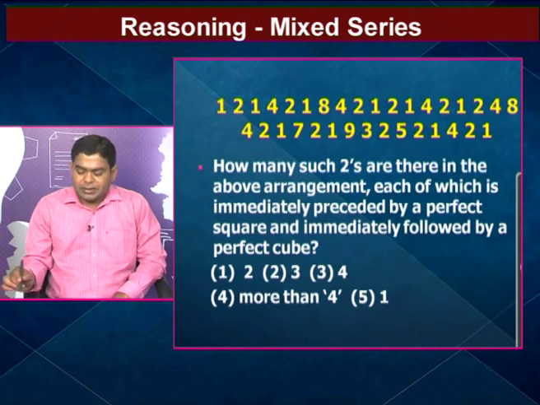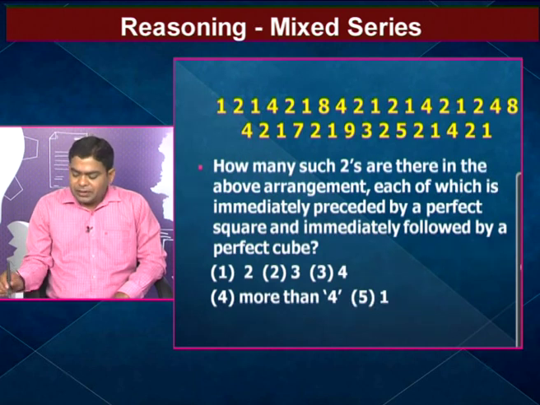In our given series, the perfect squares are 1, 4, 9. That means our 2 must be preceded by a 1 or 4 or 9, and it must be followed by a perfect cube. In our series, 1 is a perfect cube and 8 is a perfect cube.